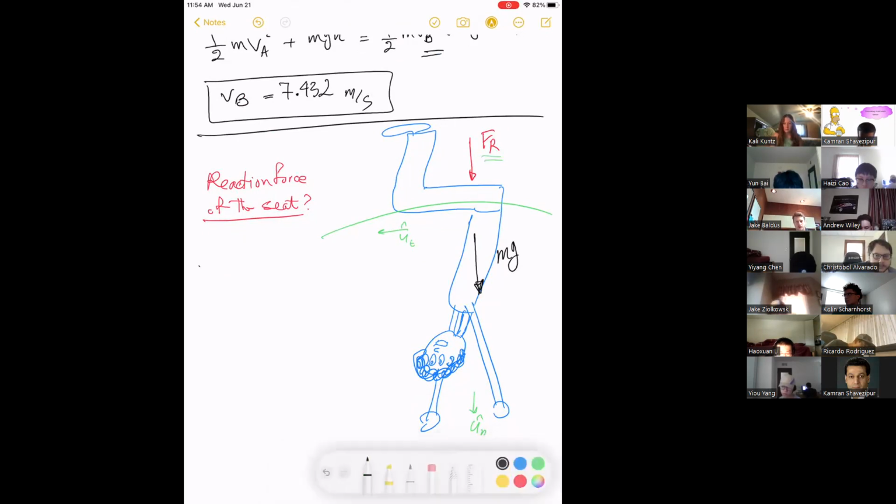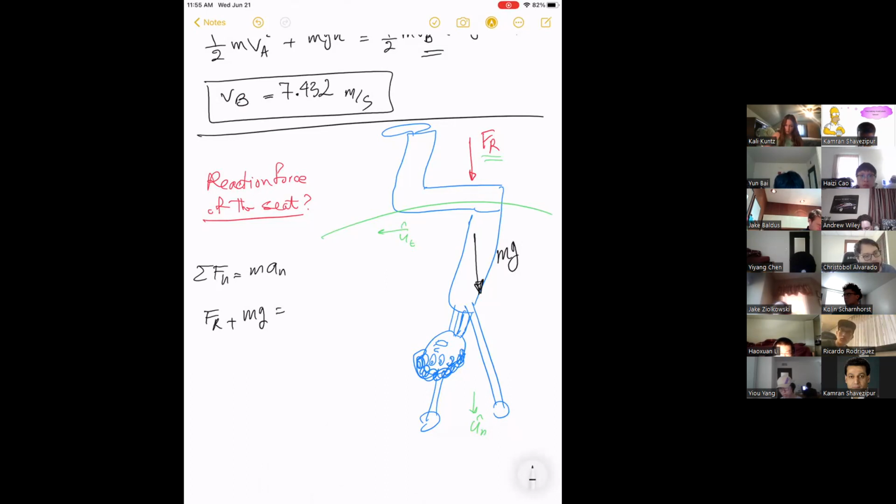Therefore, if I write summation of forces in n equals m an, in n you're going to have FR plus mg, right, is equal to m v square over rho. And the v we have is here.